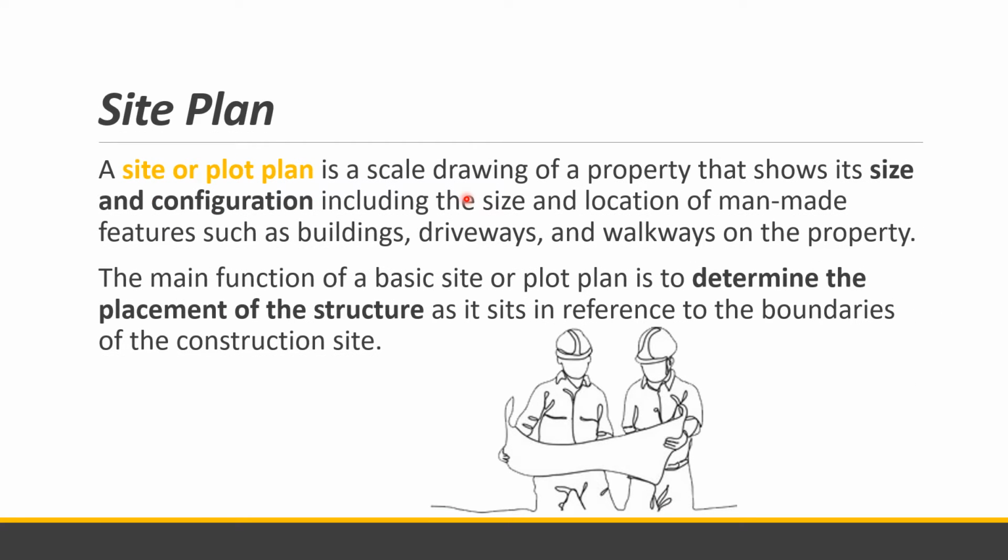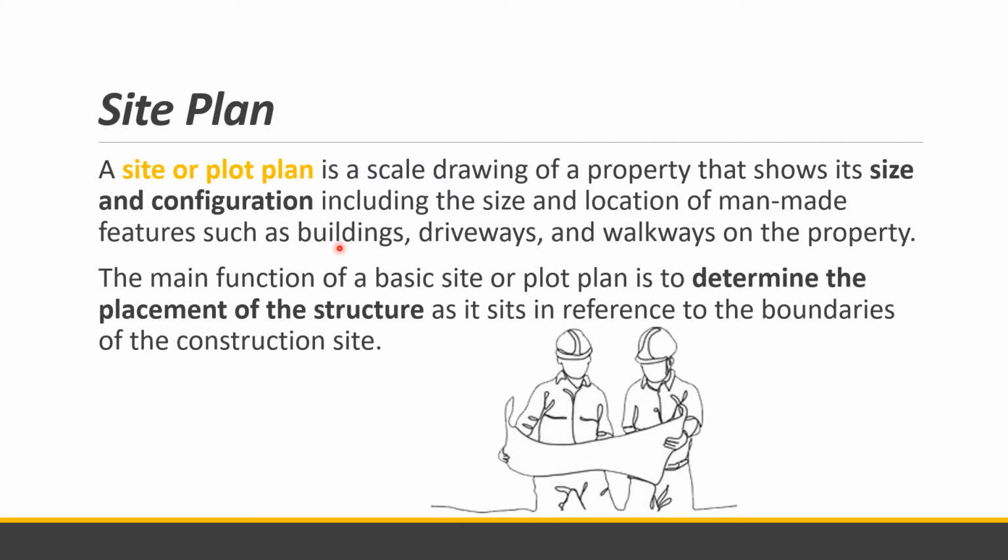Okay, so next is the site plan. A site or plot plan is a scale drawing of a property that shows its size and configuration, including the size and location of man-made features such as buildings, driveways, and walkways on the property. Compared to the location plan, the site plan is in closer detail.